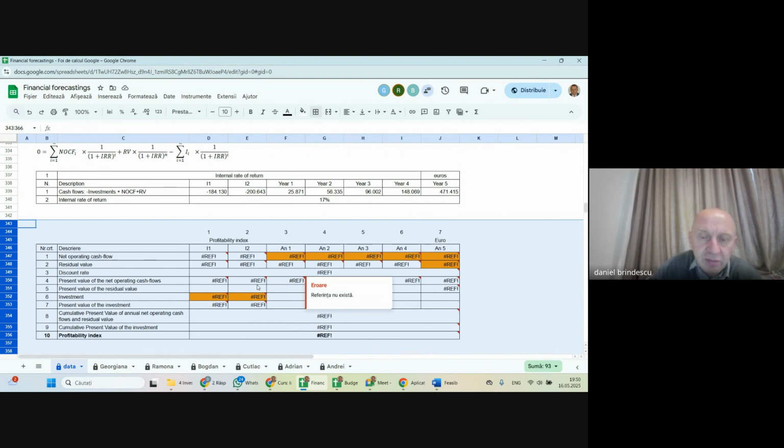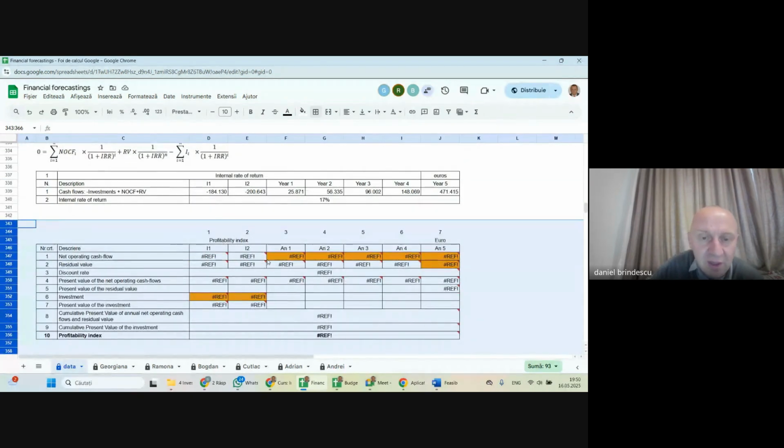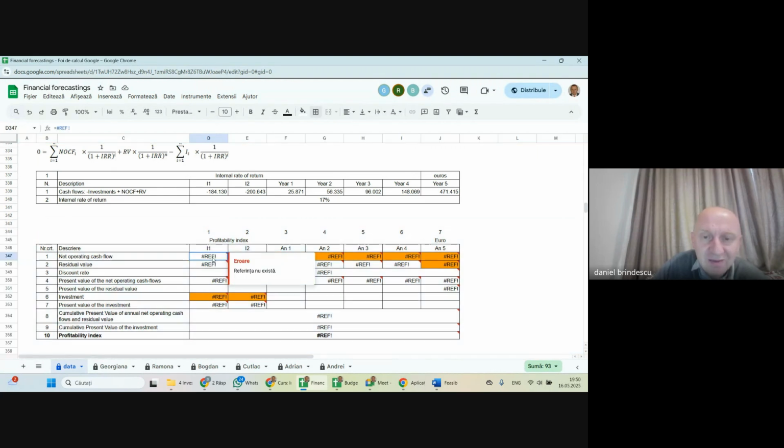Two additional indicators: the profitability index and the discounted payback period. The profitability index is a version of the net present value, only that it is expressed in relative values.